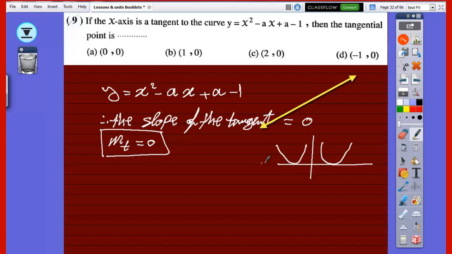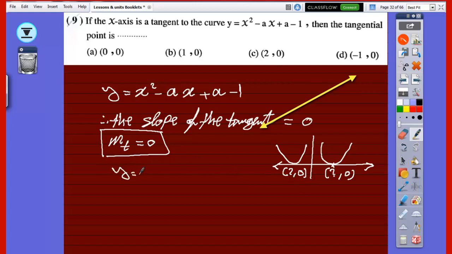Because the x axis is a tangent to the curve, the y coordinate here always equals 0, so we have a certain point and 0, and the slope also equals 0.